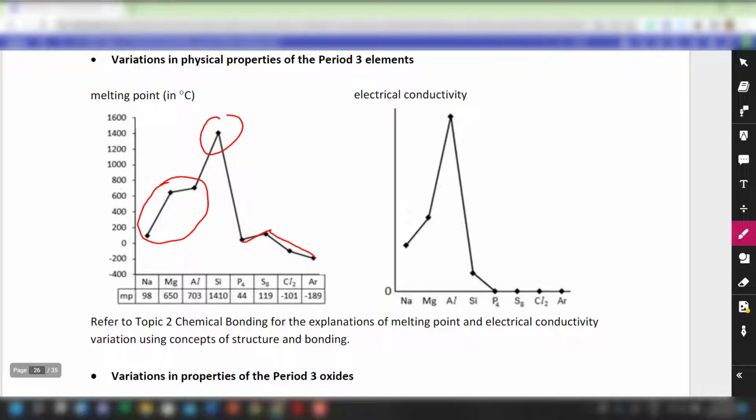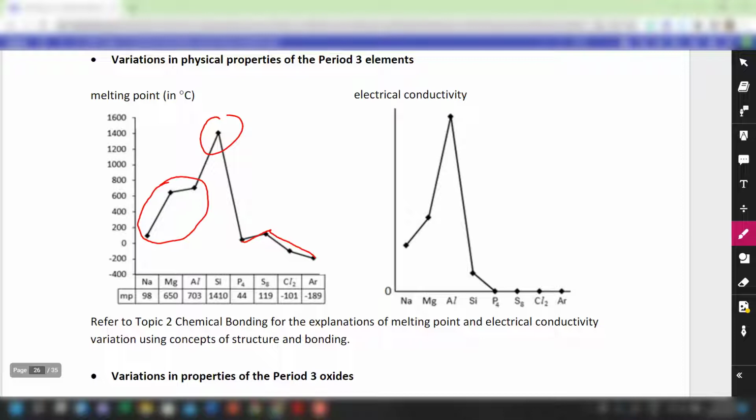The larger and more polarizable the electron cloud, the stronger the dispersion forces. In terms of strength of dispersion forces, from strongest to weakest, you expect the order sulfur, phosphorus, chlorine and argon. That explains why the melting point is in that particular order.